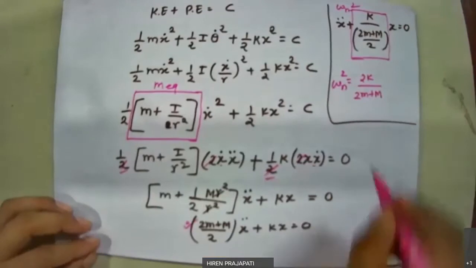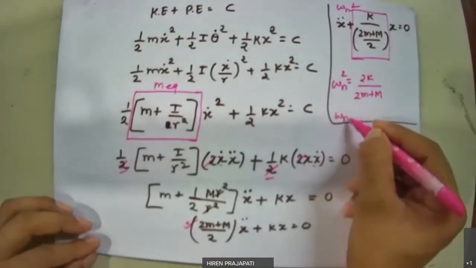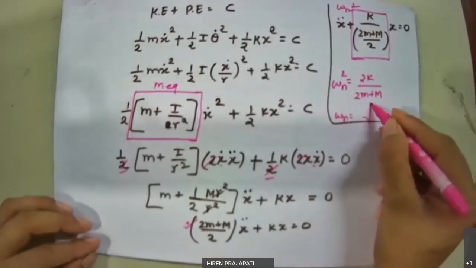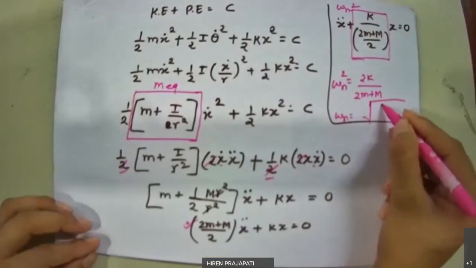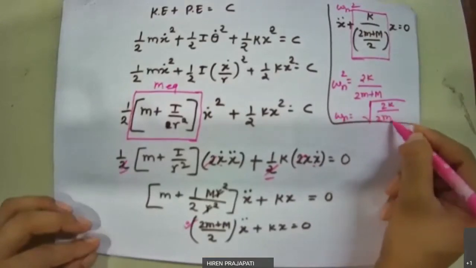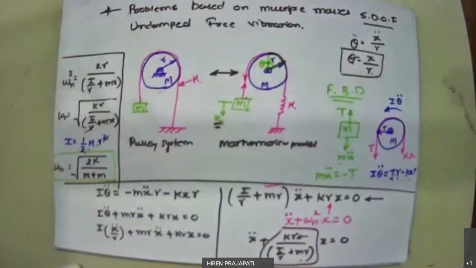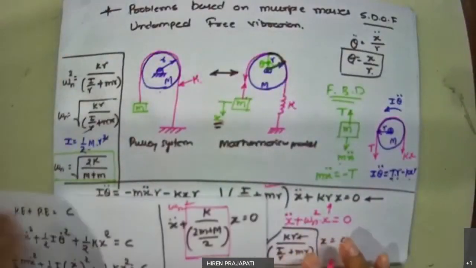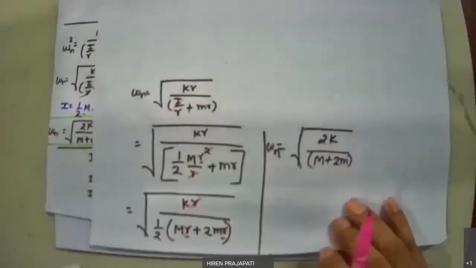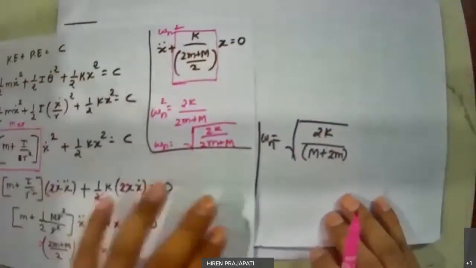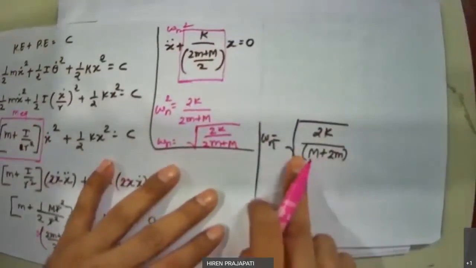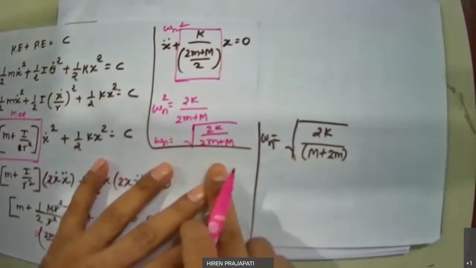So what is the equation of natural frequency now? Take the square root, that is square root of 2k by (2m + M), right? So if you look, the same we got here by Newton's approach, and now it is by the energy approach.